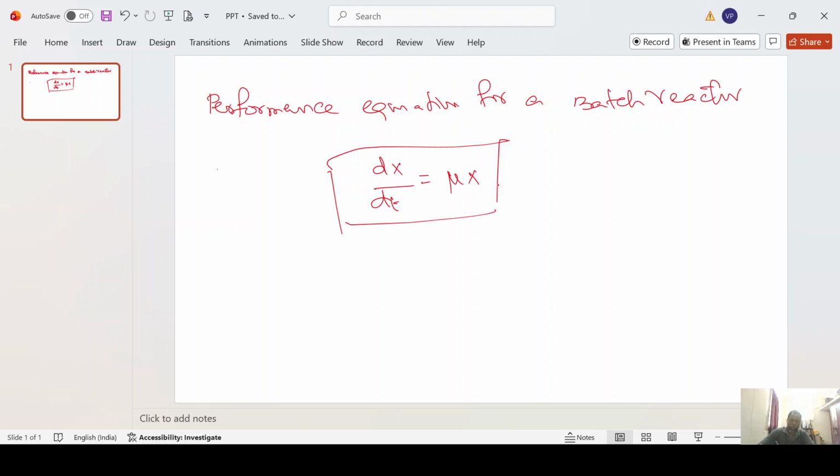Actually, this is a first order kinetics. The rate of change of biomass is directly proportional to the initial concentration of the biomass which is added as inoculum. The proportionality factor is the specific growth rate.